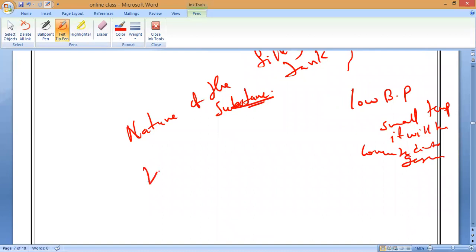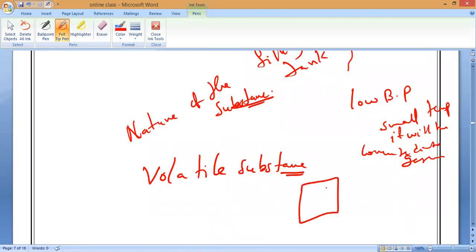Do you understand? So that is the nature. Always alcohol and petrol are kept in closed containers, because they can easily change their state. What do you mean by volatile substances?